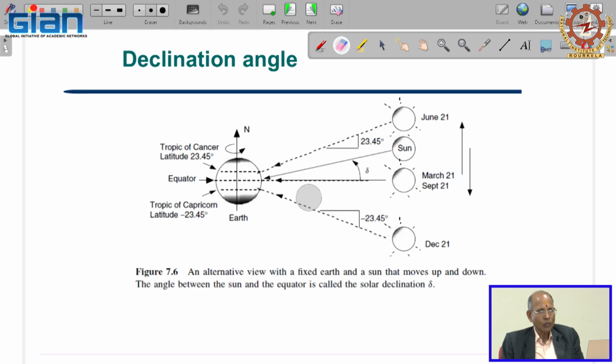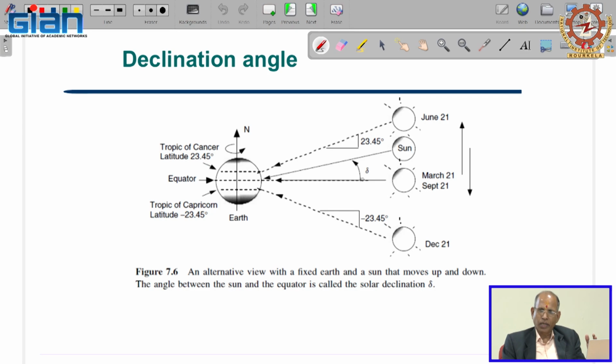Right? So then another angle, what you see here, angle delta. This angle is called the declination angle delta. As you study, Earth moves around the Sun.